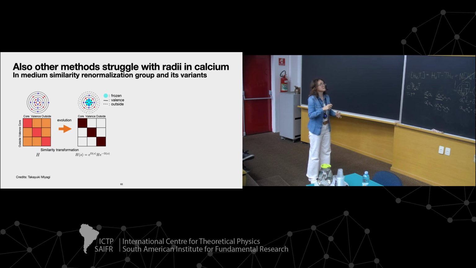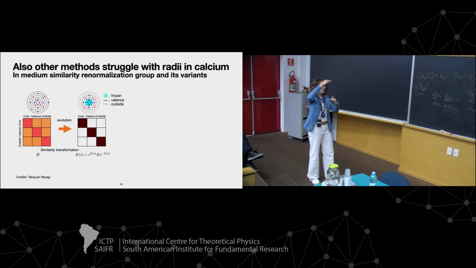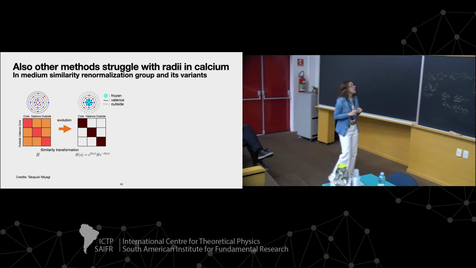So as I was saying yesterday, if you're interested in, I don't know, silicon-30, we take a core which can be, for example, oxygen-16. A valence space, which will be all the shells that go from oxygen-16 up to silicon-30, and then we will have an outside space. And in general, all of them are coupled in our Hamiltonian.